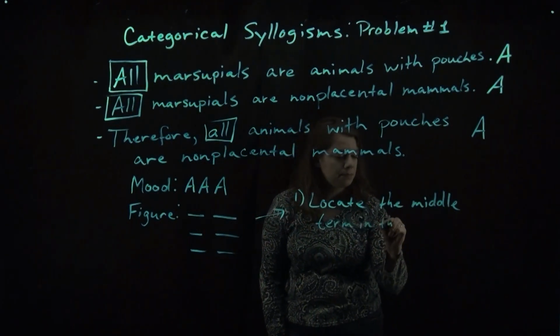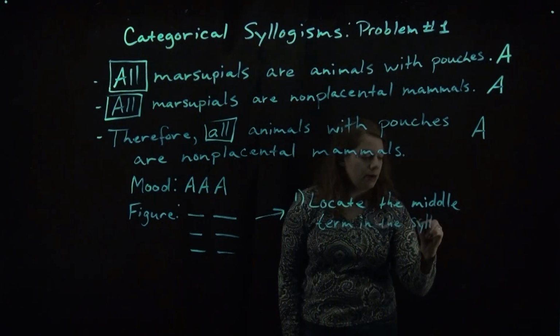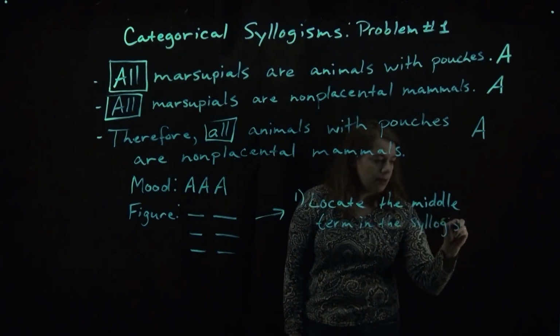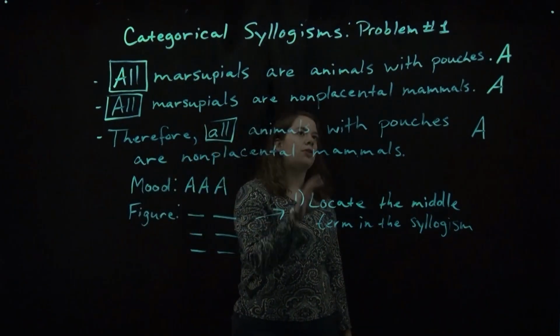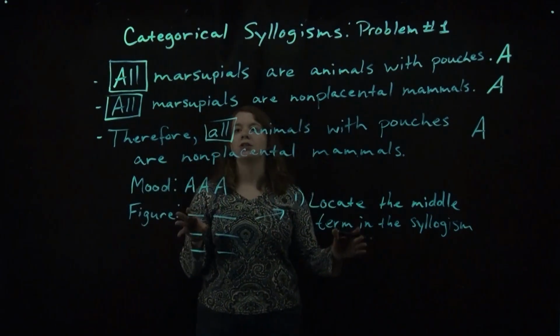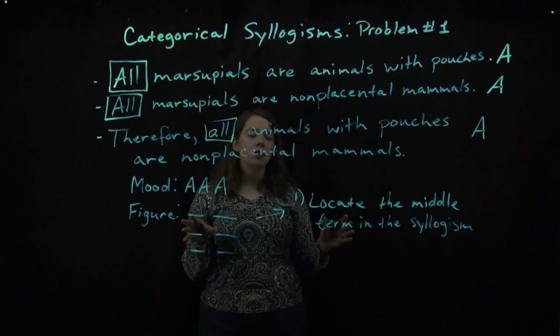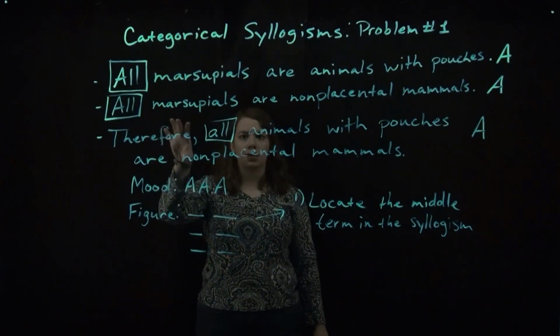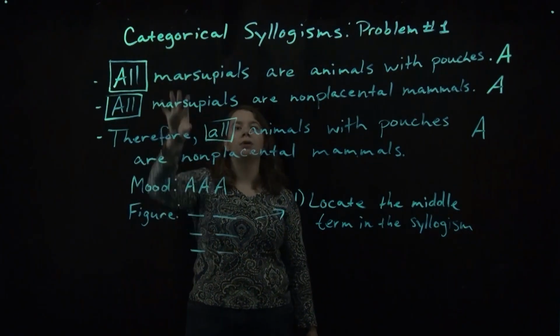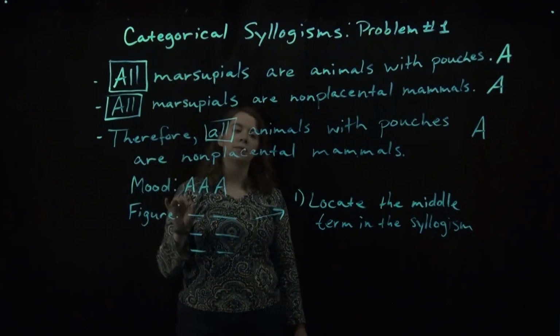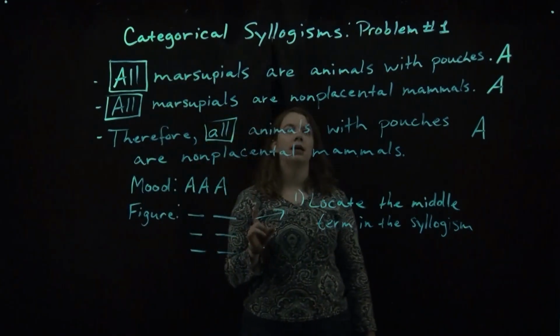Again, as the book describes it, the middle term of the syllogism is basically the term that is not included in the conclusion. So it will be the term that is found within the individual premises, but not in the conclusion. All right.